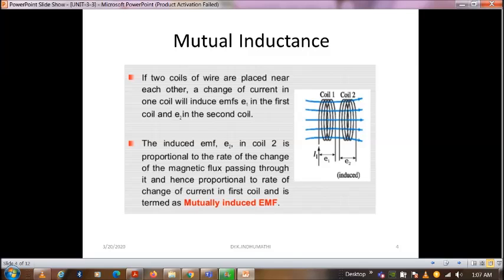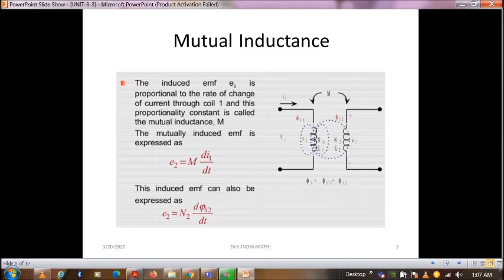The induced EMF E2 in coil 2 is proportional to the rate of change of magnetic flux passing through it, and hence proportional to the rate of change of current in the first coil, and so it is termed mutually induced EMF. This induced EMF E2 is proportional to the rate of change of current through coil 1, and this proportionality constant is called the mutual inductance.